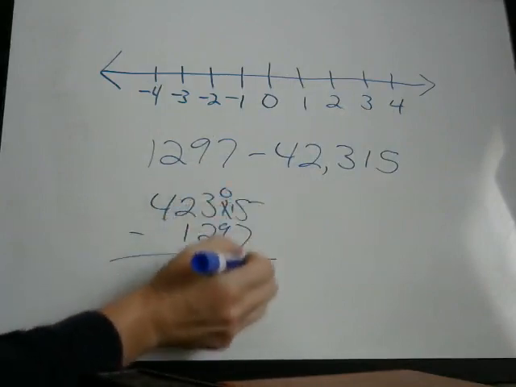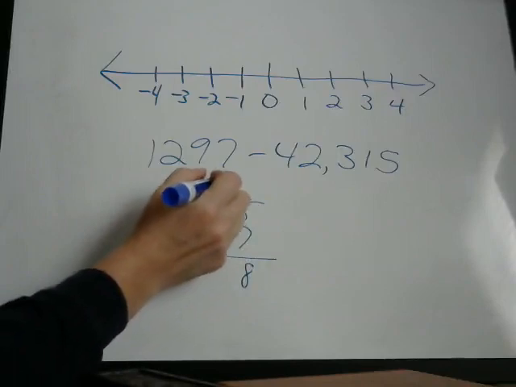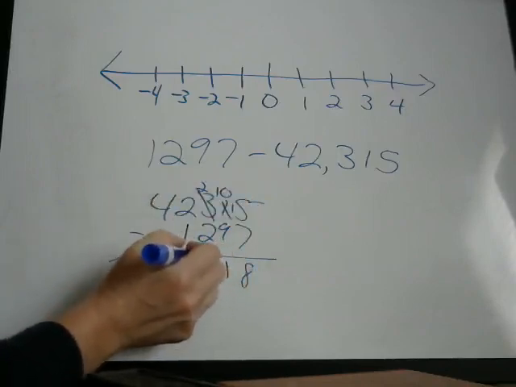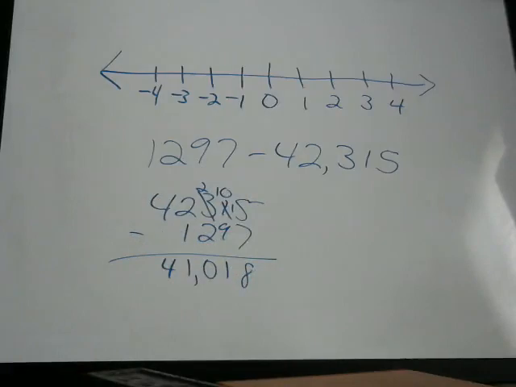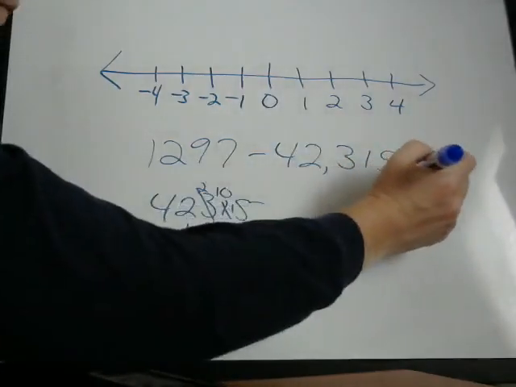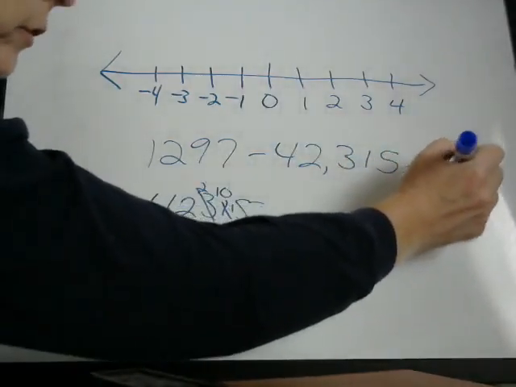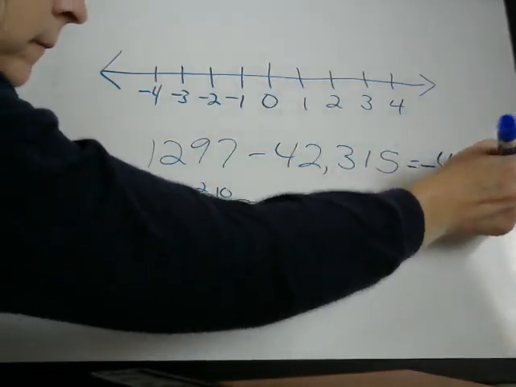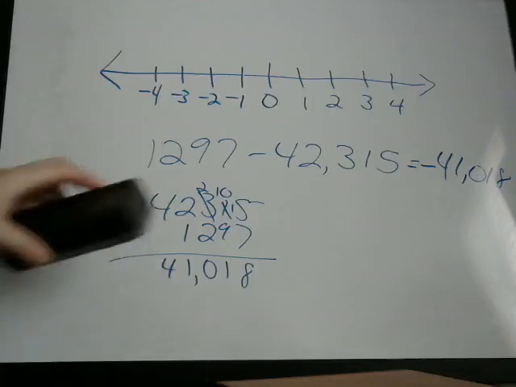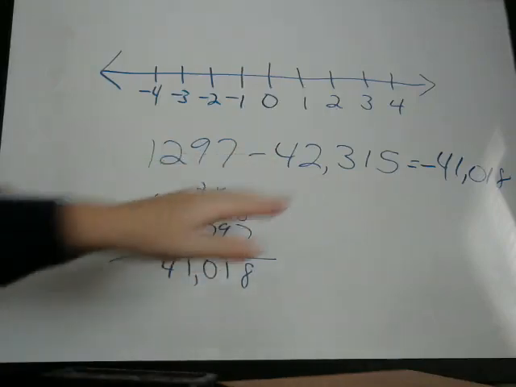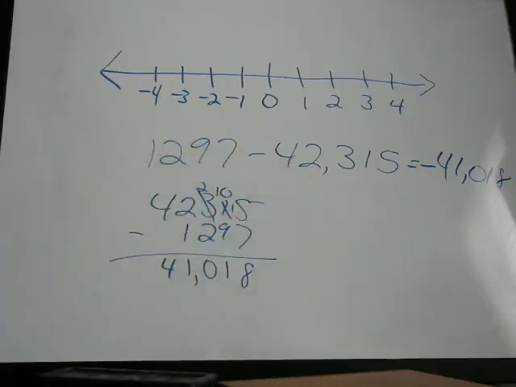And with this we get 41,018. So the answer to this is negative 41,018. So that's how you can subtract a number that's larger than what you're subtracting from.